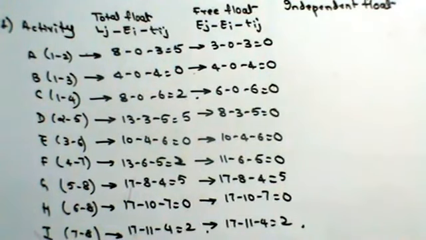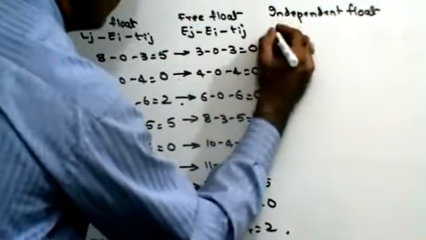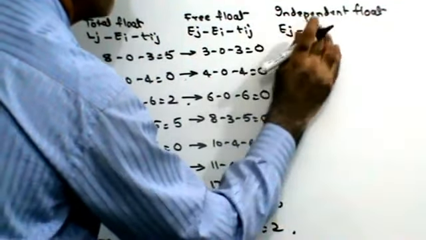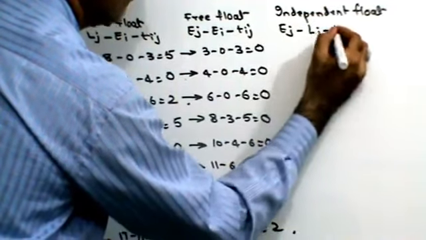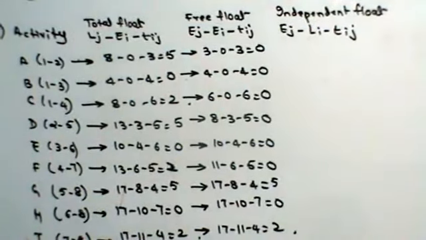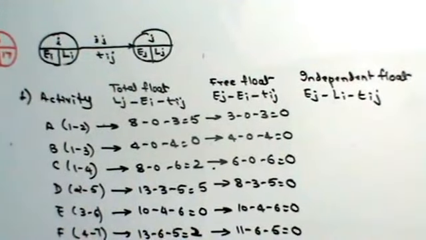Here I am not talking about project completion time, but the earliest start of the subsequent activity. Independent float is given by the formula Ej minus Li minus Tij.